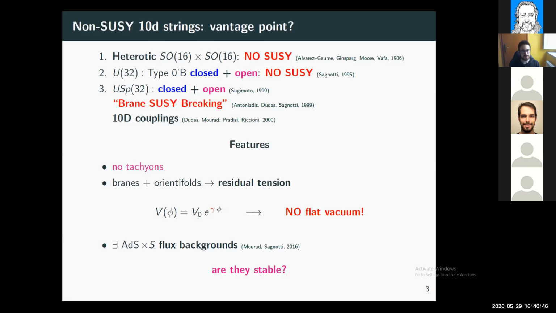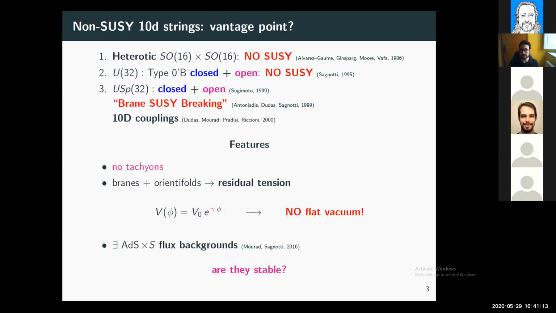So these are three 10-dimensional non-tachyonic string models. The first is a heterotic model, which is perhaps the simplest to describe. It's a non-supersymmetric projection of the E8 times E8 heterotic superstring, and it has a residual gauge group of SO(16) squared.